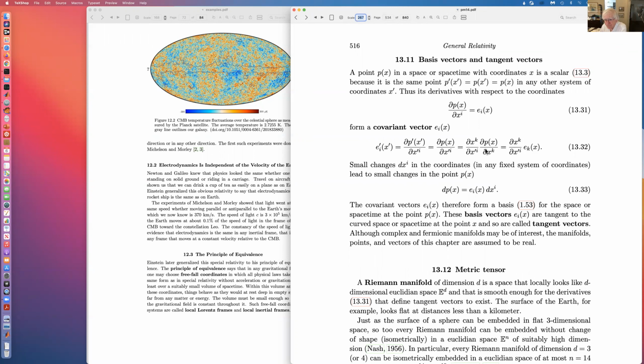And I think these are nice basis vectors because you can imagine, if you were making furniture, say, then they're tangent vectors to the surface of the wood.